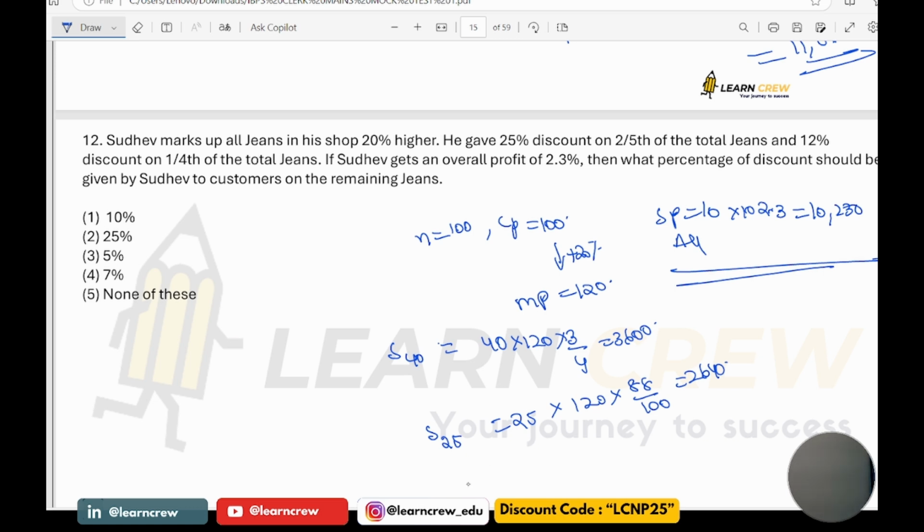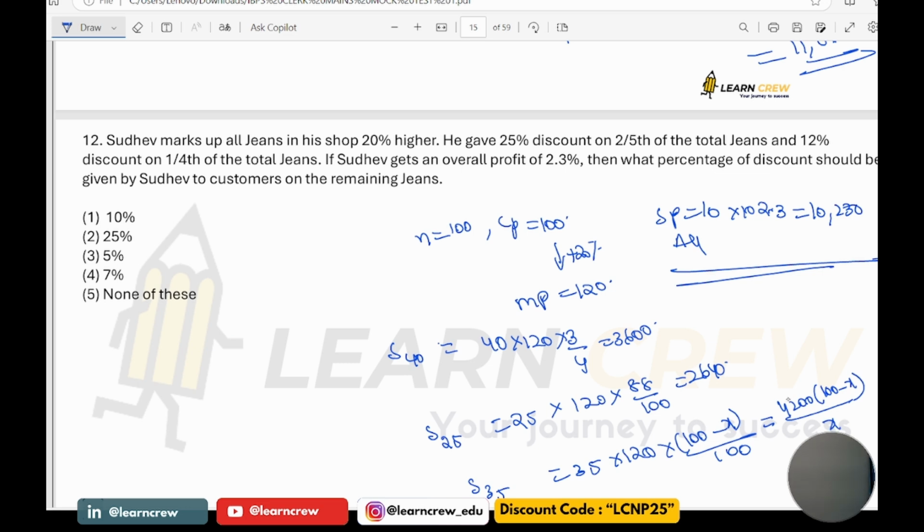So how many are remaining? 35. On this remaining 35, 35 into 120 into some X percentage discount is given and sold. Thereby it would be 4,200 into 100 minus X by 100.